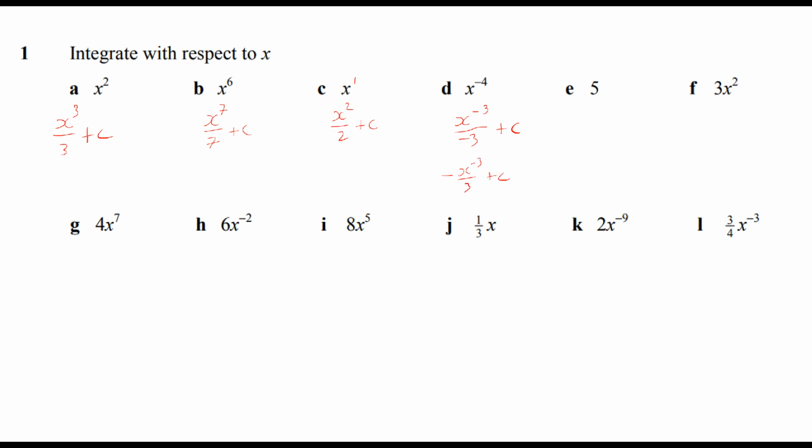Now, 5 on its own, that might be a little bit confusing, but the number 5 is the same as 5 times x to the power 0, because x to the power 0 is always going to be 1. So if I integrate this, I get 5x to the power 1 over 1 plus c, which is just 5x plus c. 3x squared, if I integrate that, that will give me x cubed plus c.